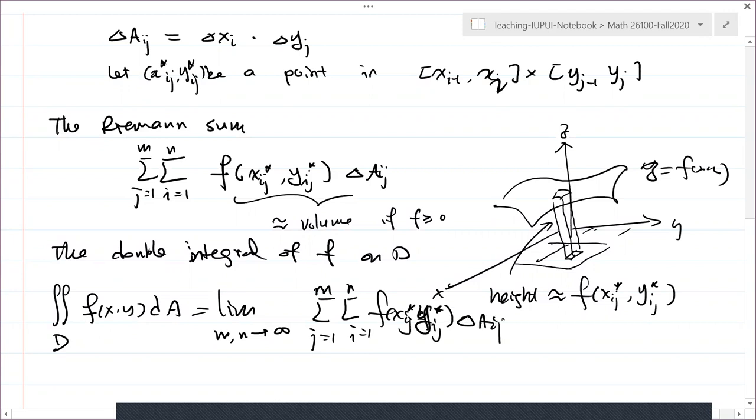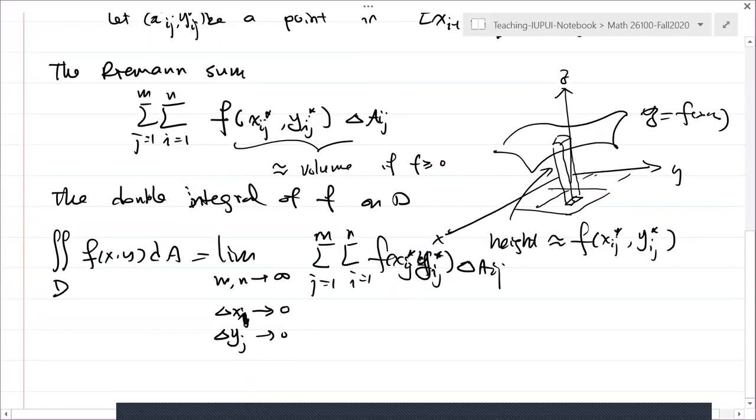Now actually what we need is not just m, n going to infinity. I want delta xi goes to 0, delta yj goes to 0. So you have to make sure that all the intervals get smaller and smaller.